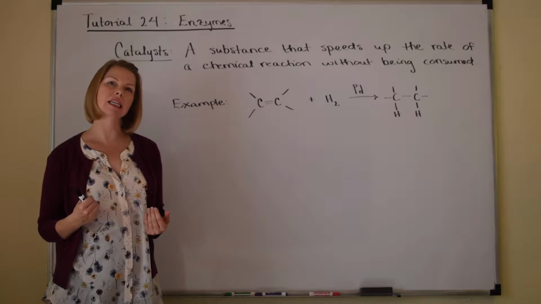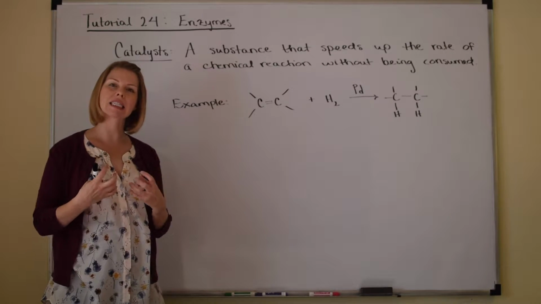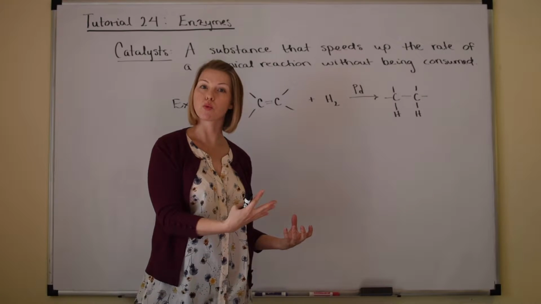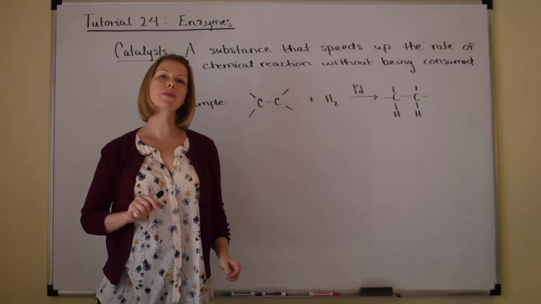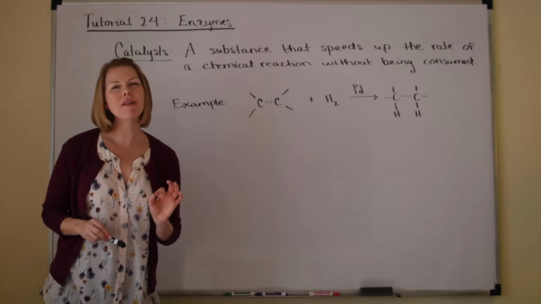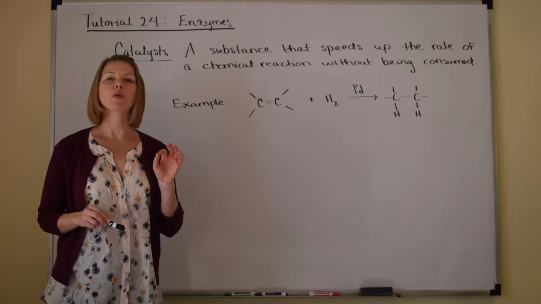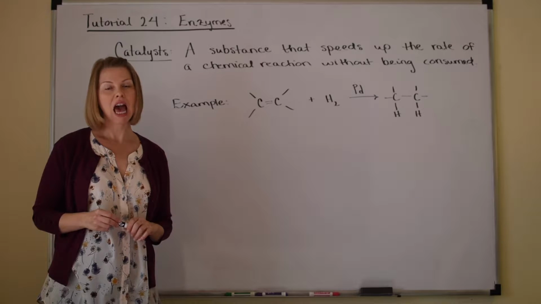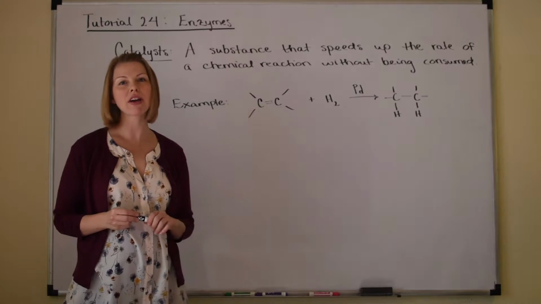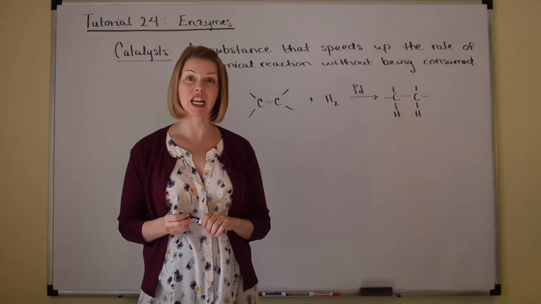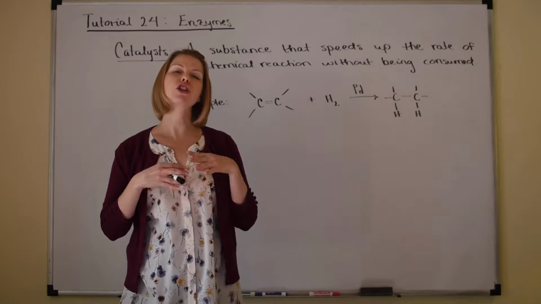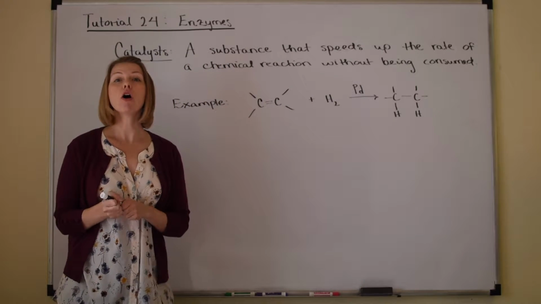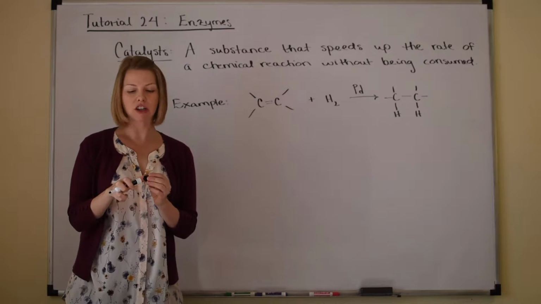All right, so how does a catalyst work? How does a catalyst help reactant be converted into a product at a faster rate? Well, you might remember that every reaction requires a certain amount of energy in order to proceed, and we call that amount of energy the activation energy. And we showed activation energy in tutorial 14 with very general energy diagrams.